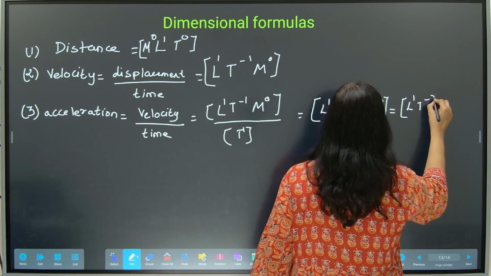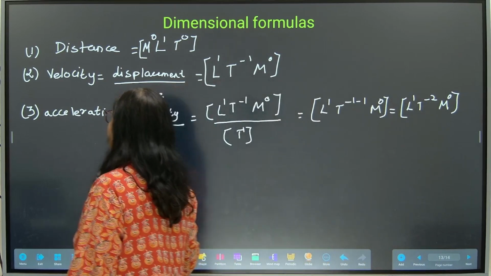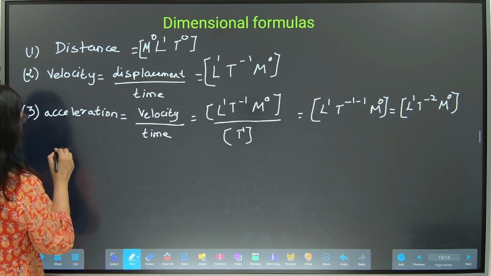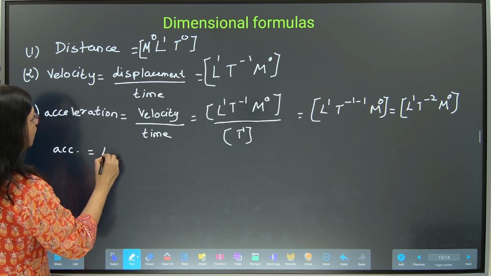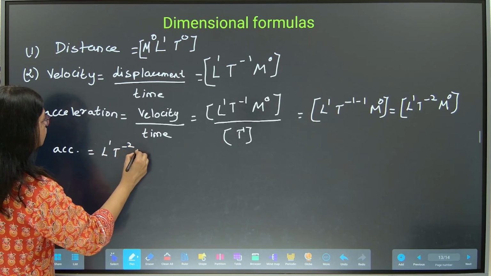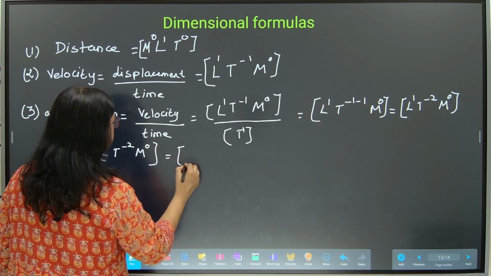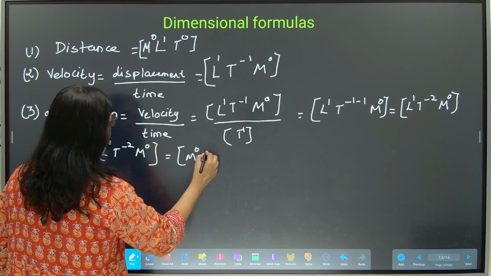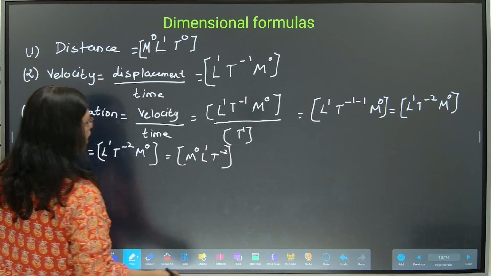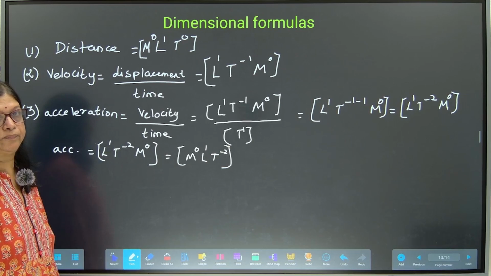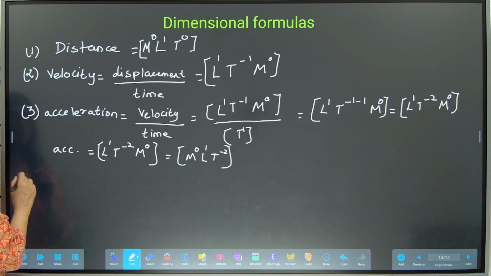L1 T minus 2 M raised to 0. Again I shall write it so that you remember it. Acceleration dimensional formula is L1 T minus 2 M raised to 0. I can as well write it as M raised to 0 L raised to 1 T minus 2. I can bring T in between also. So this is the dimensional formula of acceleration.